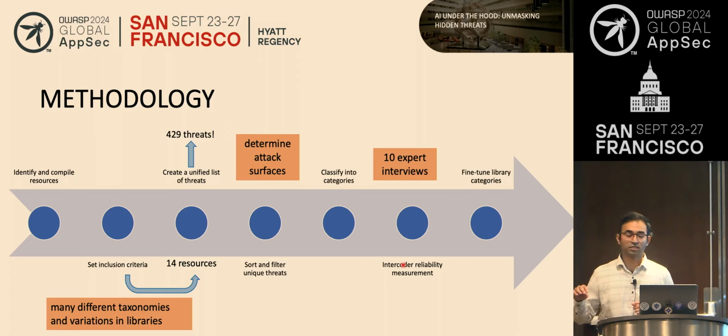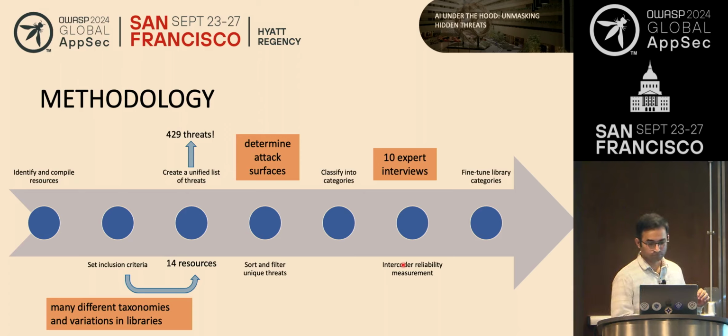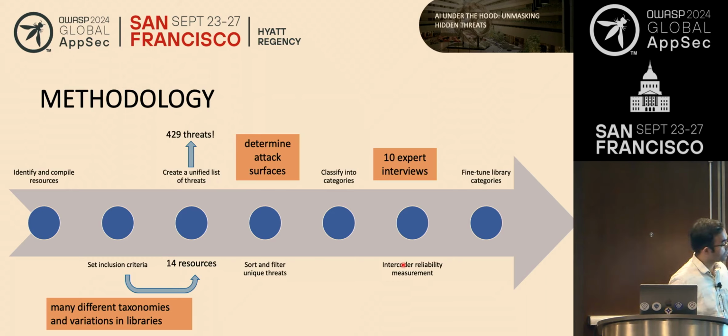By non-application specific, I mean the libraries that talked about threats at a nation level or at a larger level than the application level. After excluding some of these libraries, this resulted in 14 resources that we could potentially use. Here we created a unified list of all the potential threats that could be found in these 14 resources, which gave us close to 429 threats.